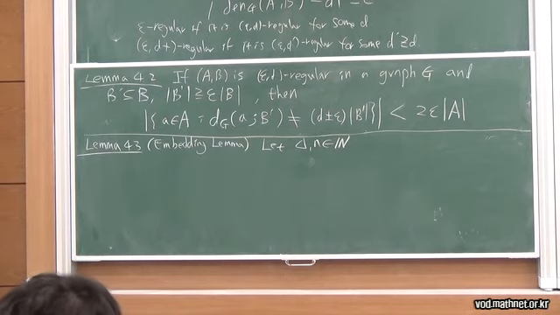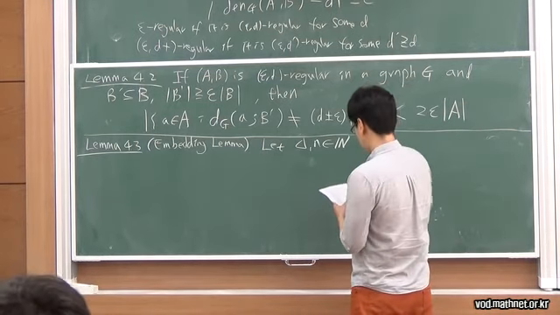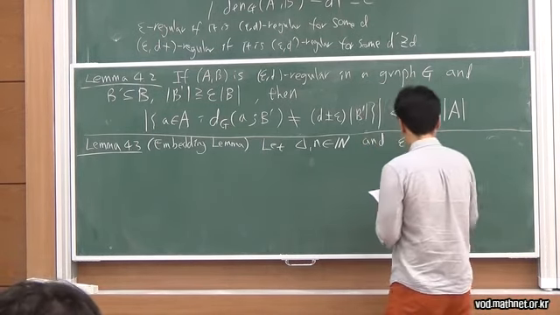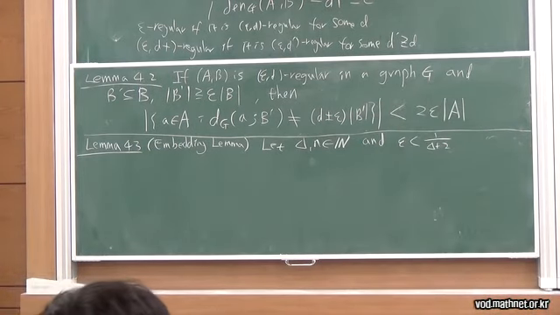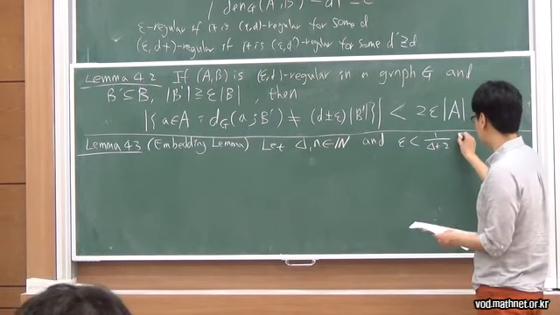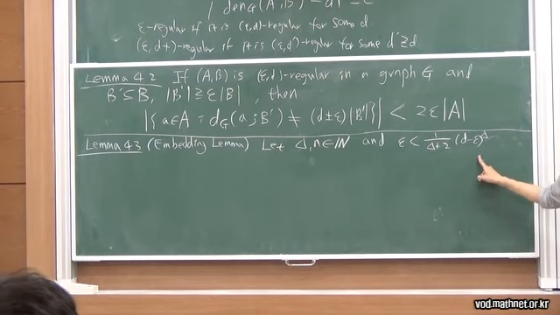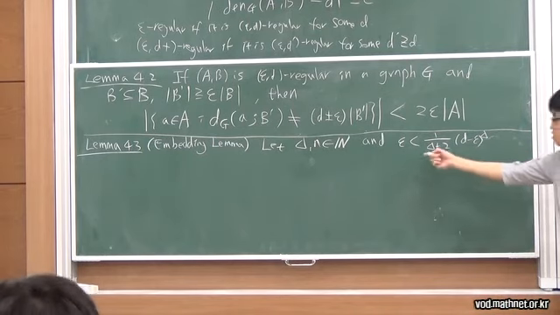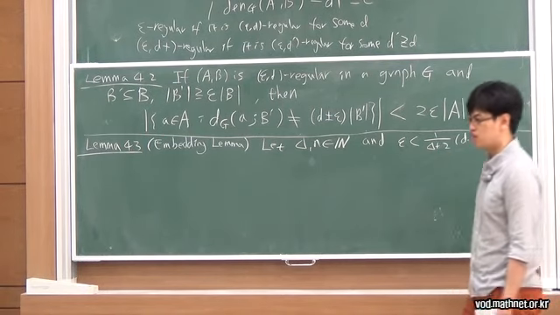Then we want to show that we can embed H into G. We need to ensure that epsilon is small. Epsilon is the error bound, so if epsilon is too big, then the condition is too weak. So we want some bound on epsilon. But this expression is not really important; it is just for technicality. We can just think of epsilon as being quite a bit smaller than d or delta.